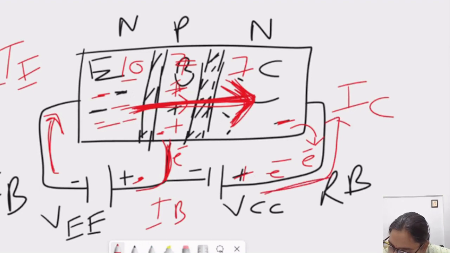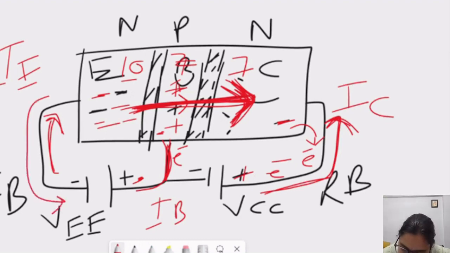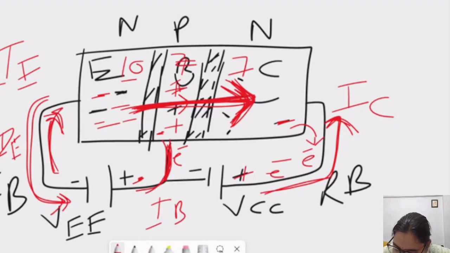Whatever the flow of electrons, IE current will flow opposite to the charges. Electrons are going in this direction, so current will flow in the opposite direction. Similarly, electrons flowing in this direction, so current will flow in this direction. So IB current is going upwards.